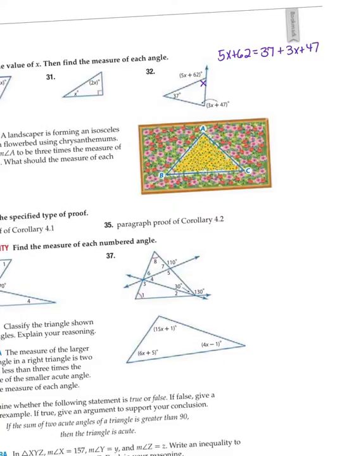Okay? So what we're going to do here, let's start combining our like terms. 47 and 37 is going to be 84. So I'm going to get 2x equals 22, or x is 11.